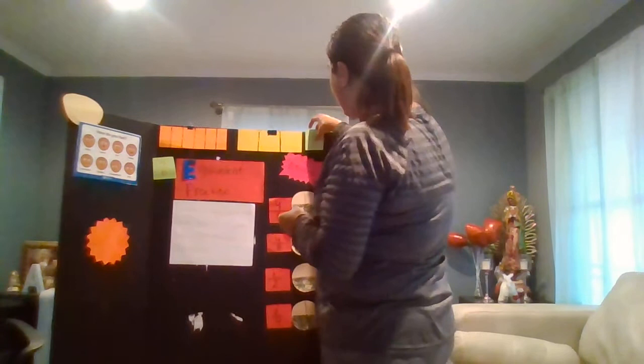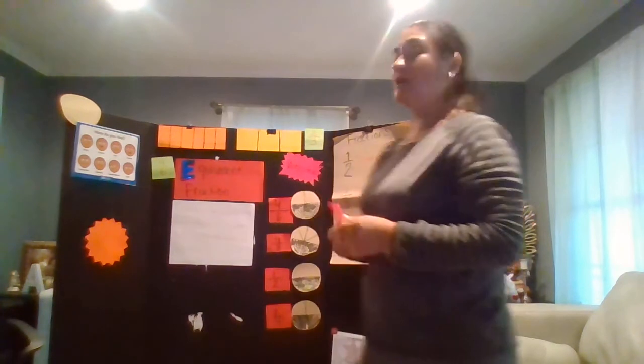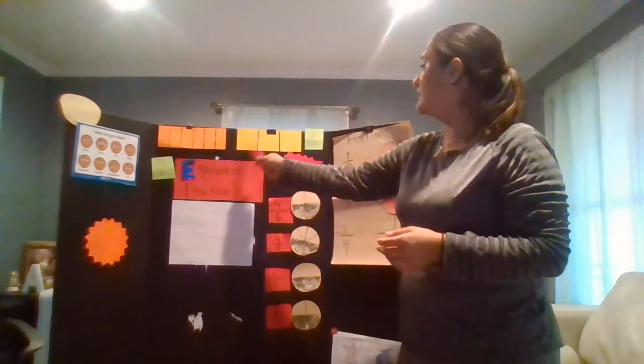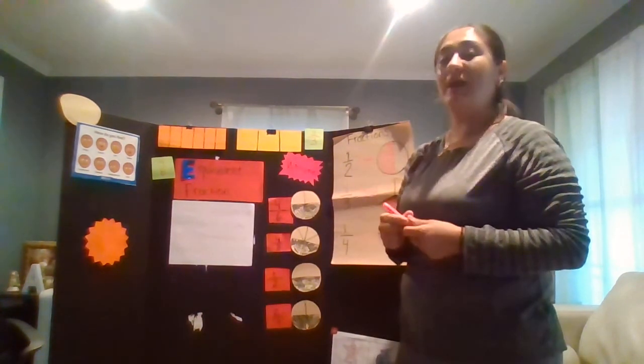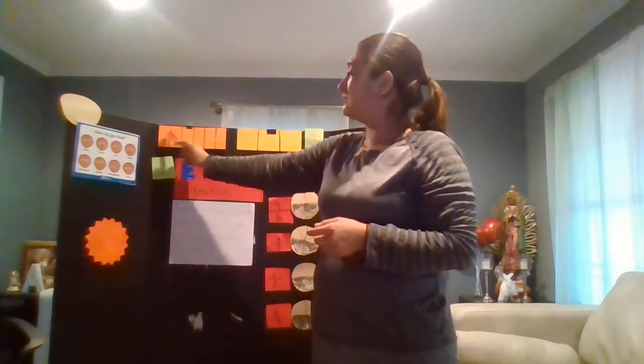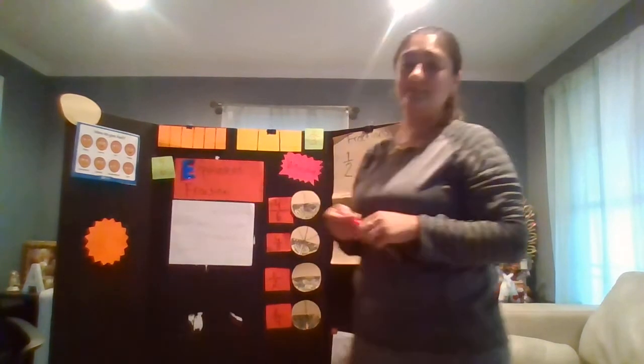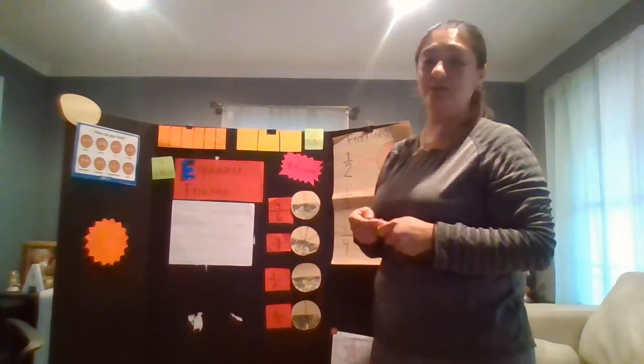So let's see. Now that you have it divided into 6 equal parts and into 3 equal parts, we're going to go ahead and shade 4/6. Four equal parts out of the 6, because that's what the fraction is telling us, right, friends?